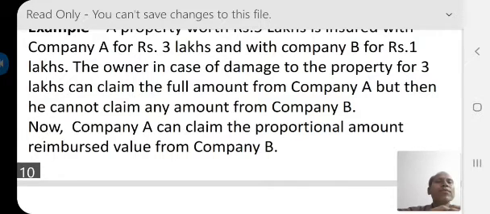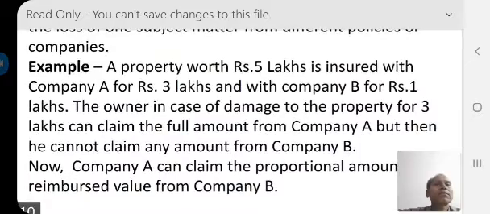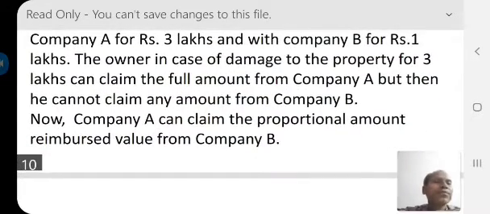Now, company A can claim the proportionate reimbursed value from company B. He took a policy of 1 lakh, so that proportionate amount can be claimed by company A from company B. In brief, the person who insured the property cannot claim more than 3 lakhs.